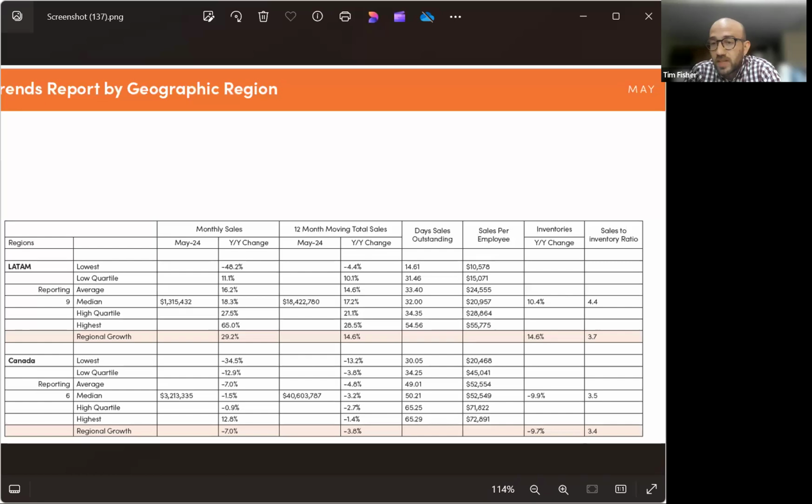Yeah, it makes perfect sense. And that's the other part of this too, is sales to inventory ratio is very seasonal. So especially in the US, you're going to see that sales to inventory ratio get compressed during the shoulder seasons and the lead up to peak cooling season or heating season as distributors bring on more inventory.